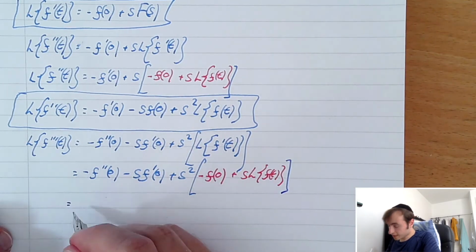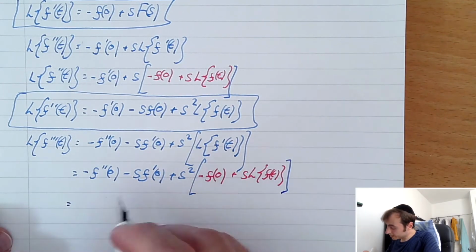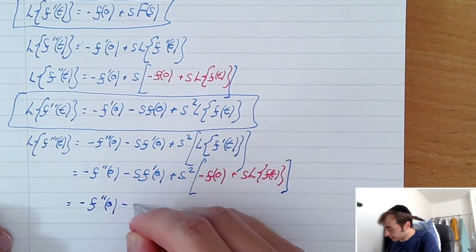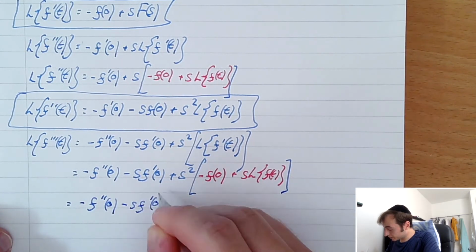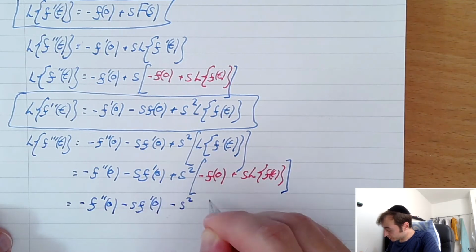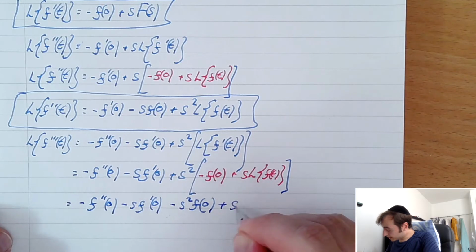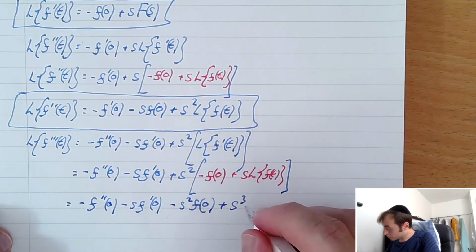So let's substitute this and simplify. Minus f double prime naught minus s f prime naught minus s squared f naught plus s cubed times the Laplace transform of f of t.